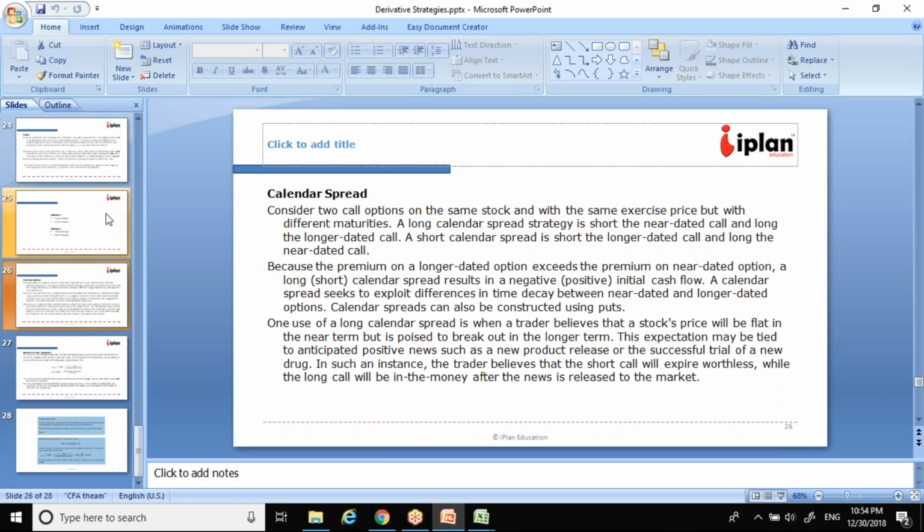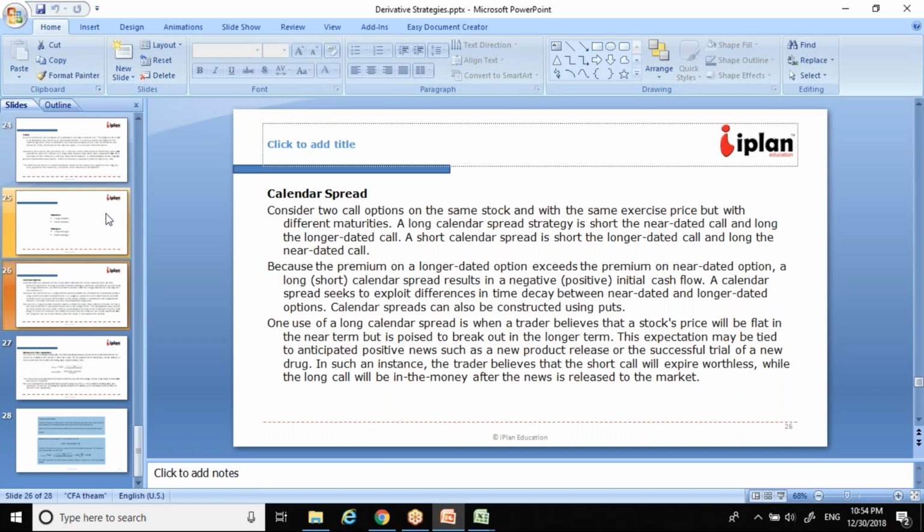Because the premium on a longer dated option exceeds the premium on the near dated option, long or short calendar spreads result in a negative or a positive initial cash flow. A calendar spread seeks to exploit differences in the time decay between near dated and long dated options. A calendar spread can also be constructed using puts.